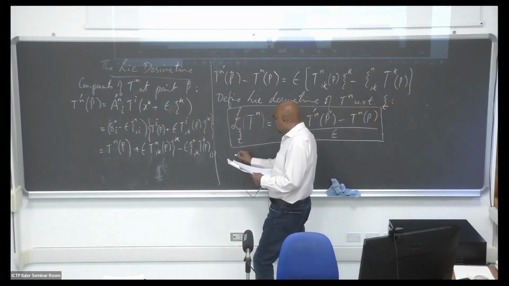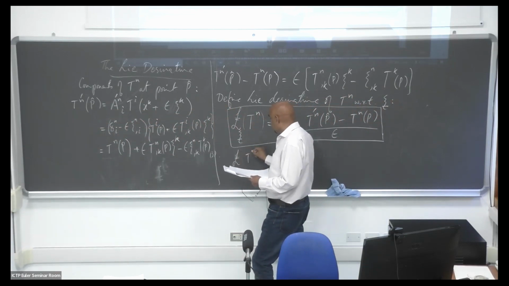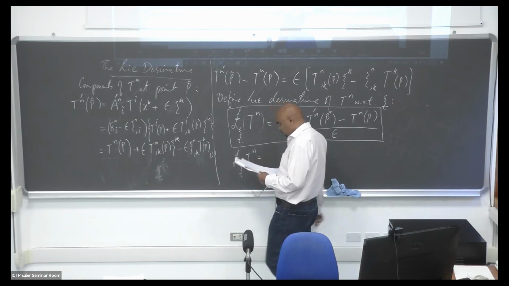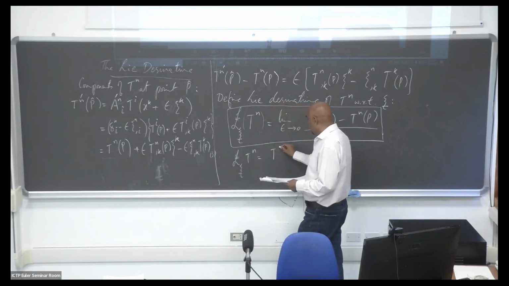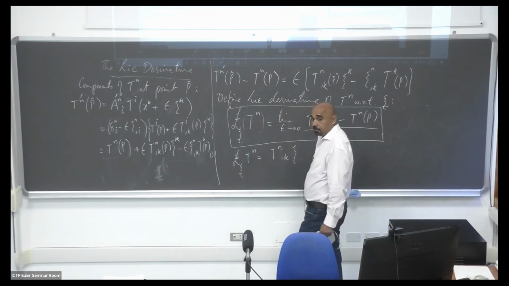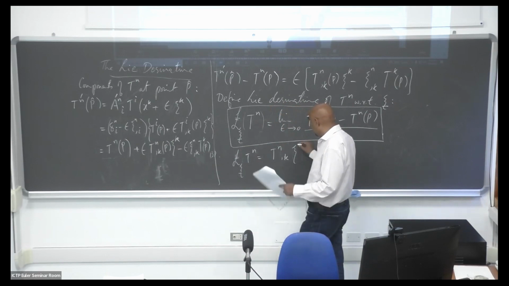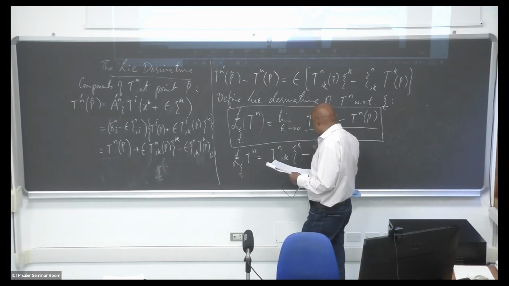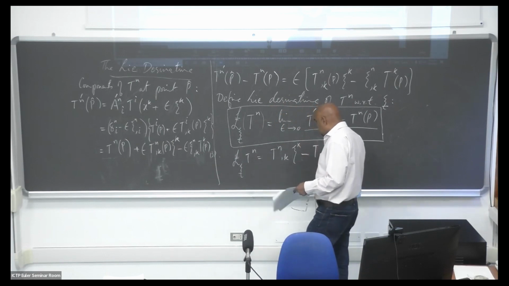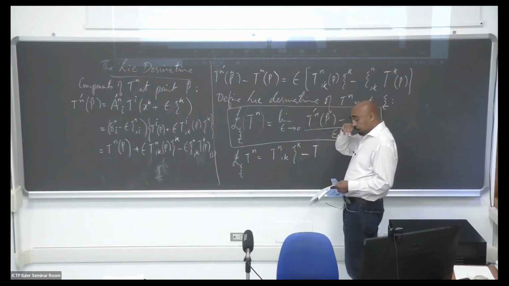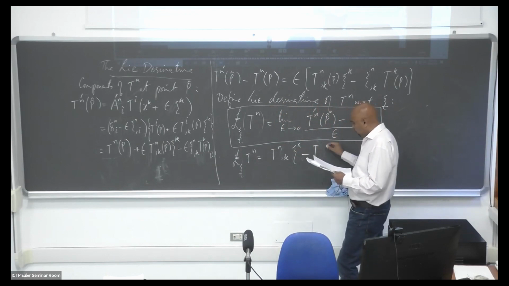So in that sense, we can say that the Lie derivative of T^m along this direction is actually the first term involving the partial derivative of the object, the contravariant vector in this case, xi^k, and the second term which involves the derivative of the vector itself, along which we are taking the derivative.